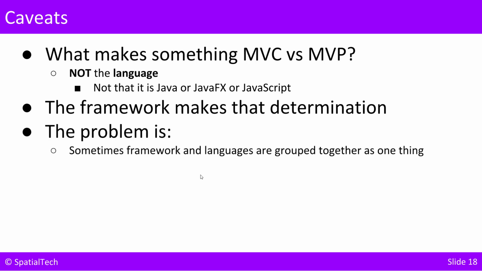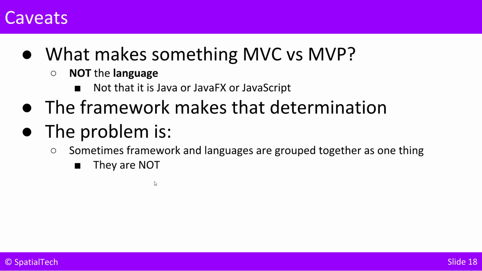Right? And so there's that problem where sometimes framework and languages get grouped together. It's really hard to separate something like Ruby on Rails. I mean, it's so glued together. It's really hard to separate the Django from Python. But there is a separation, right? One thing is a language and the other thing is a framework. And so it's the framework that really determines the design pattern. And so within a language, you can have many design patterns. It really depends how many people have built frameworks for that language.